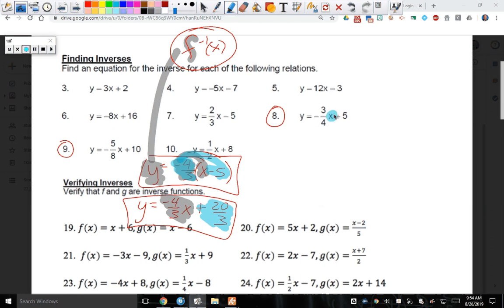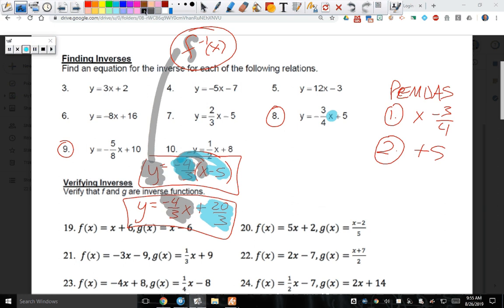Imagine that you're at x right now. What's the first thing that would get done to you in regular PEMDAS order? You would be multiplied by a negative 3/4. The second step is that you would add 5.